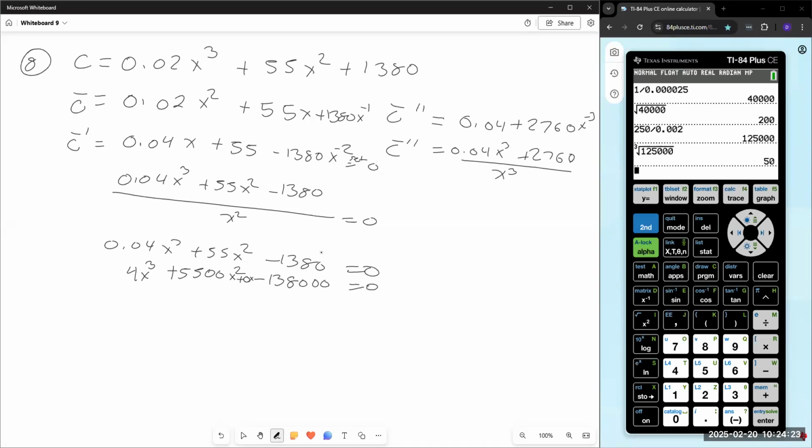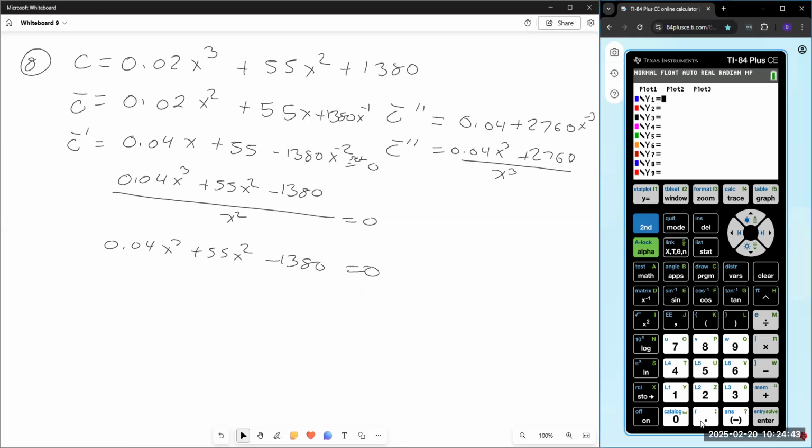I'm going to go ahead and graph and see where my 0 is. I might as well just do it with this because I'm going to use the graphing calculator here. So no reason to do the rational root theorem when we have the calculator right in front of us. 4x to the third plus 55x squared minus 1380.